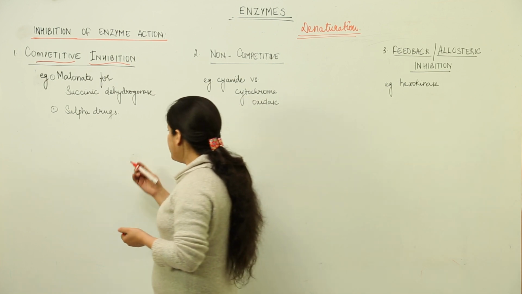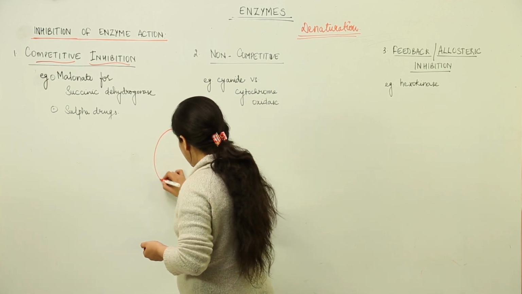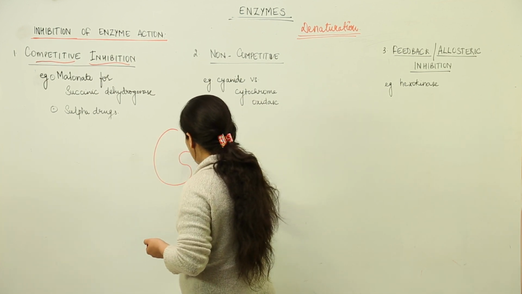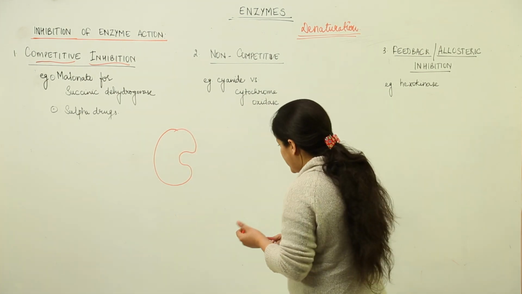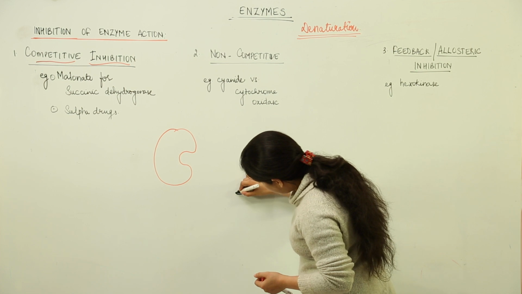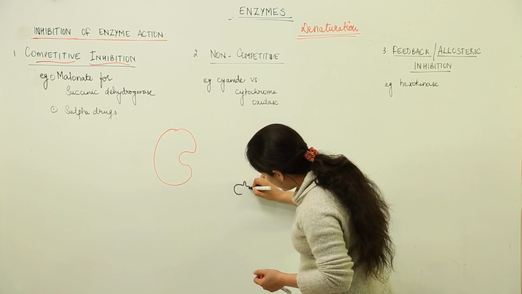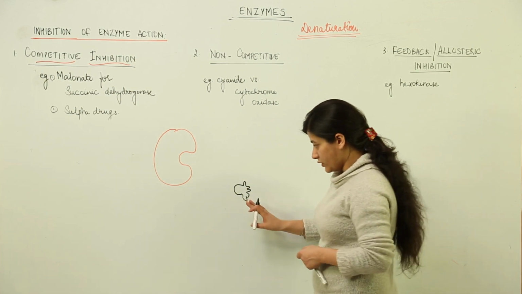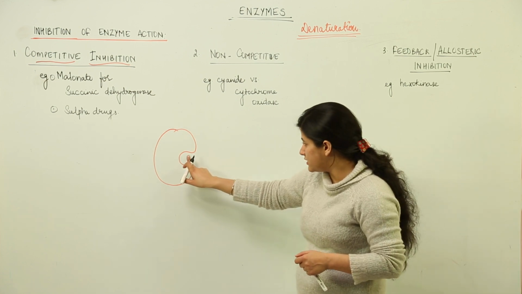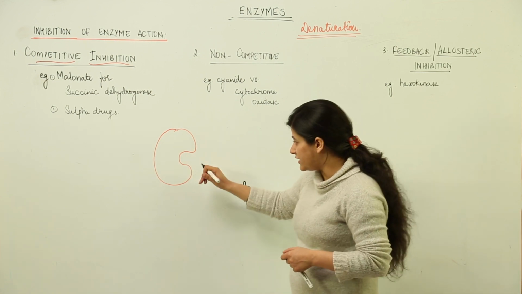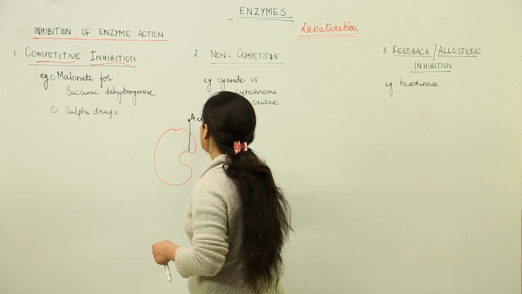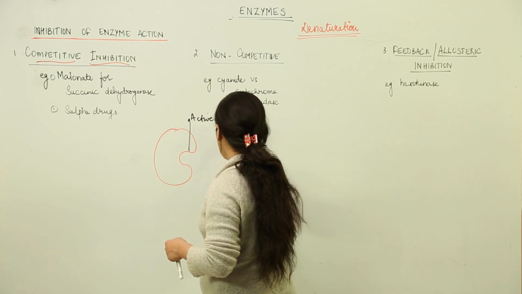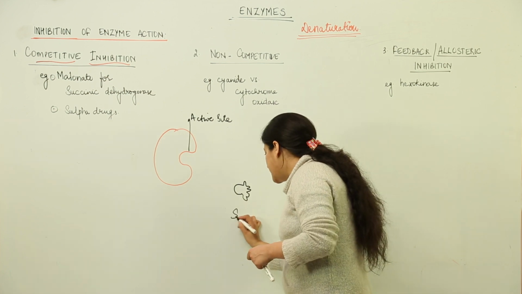Supposedly, consider that I have this enzyme, and it has this active site. Now this is my substrate, which has a shape of this sort. This is the binding site, the active site as we call it, and this is my substrate.